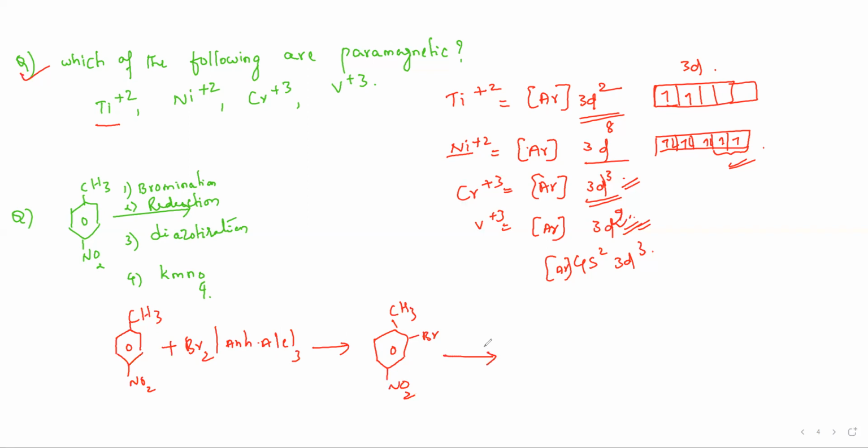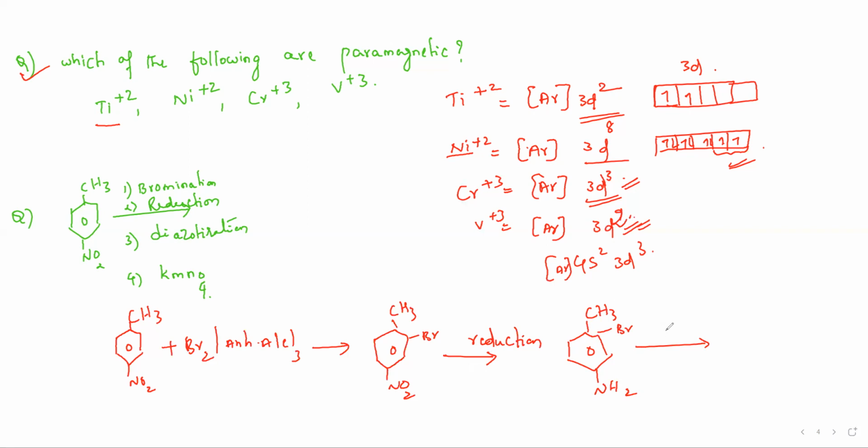And over this, if you do reduction, they have not specified which reagent to use. Any reagent can be used to convert NO2 to NH2. Reducing agents like Sn plus HCl or Fe plus HCl can be used. Among them, Sn plus HCl is the better reducing agent.